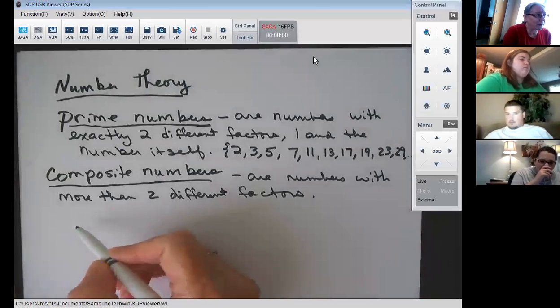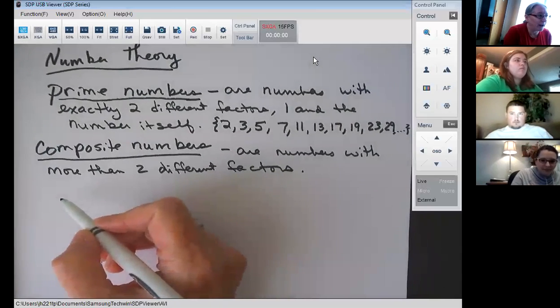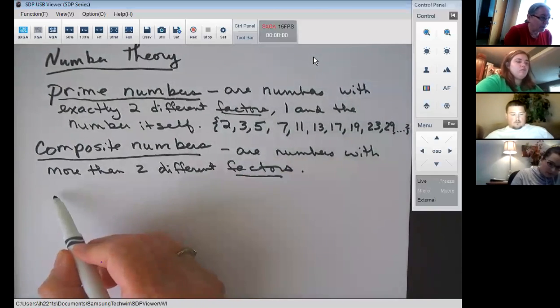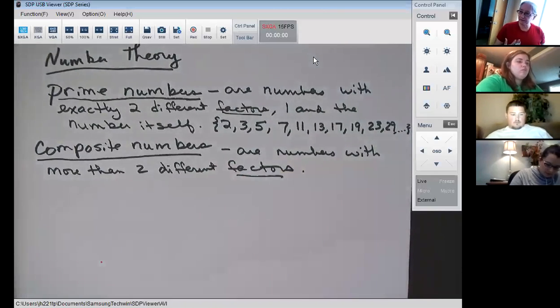Now, I want to make sure that everybody's clear on the difference between factors and multiples, because I'm using this term factors. And remember, factors was what we call the things that you multiply together.